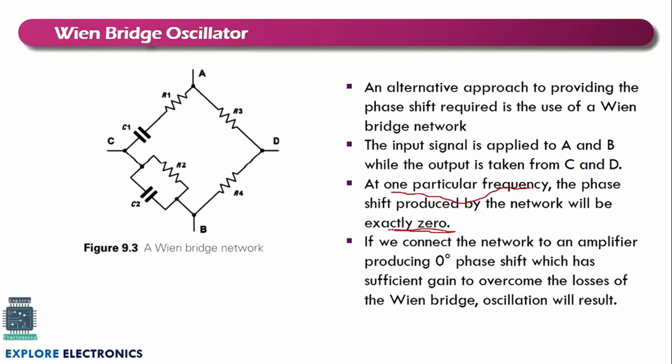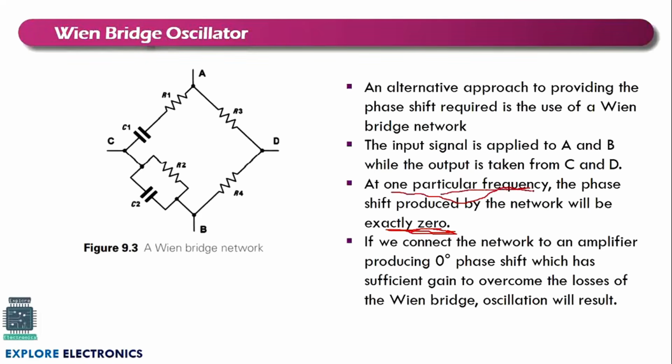So the condition of the oscillator is that the overall phase shift should be 0 or 360 degree. This Wien bridge circuit will act as a positive feedback network. This positive feedback network is going to give a phase shift of 0 degree at a particular frequency.